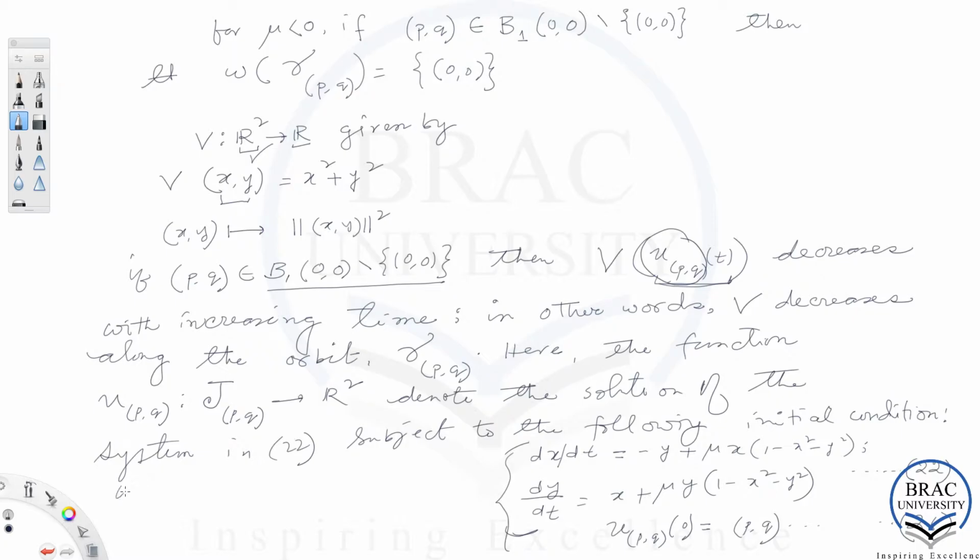Okay, so we need to mention here that J sub p comma q is the maximum interval of existence of the unit solution, the maximal interval of existence of the unit solution.